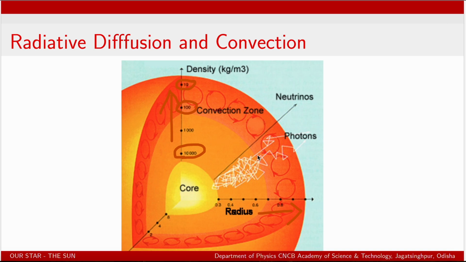Once it crosses this zone, it is in the convective zone, and there the process is very fast. It may take some 4 to 5 weeks to cross the convective zone. So here it takes 10 to the power 5 or more years, and here it is of the order of a few weeks. The energy has reached this edge. Now we go to the next slide.